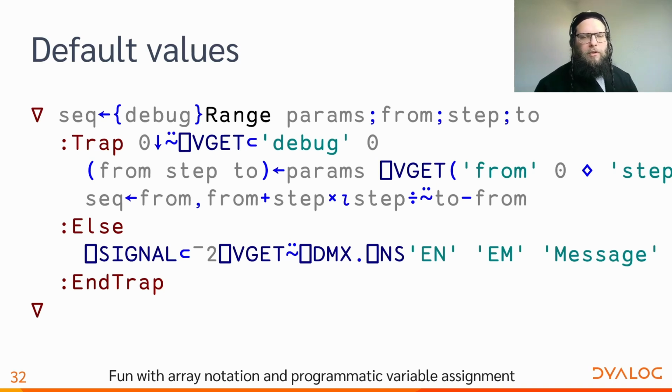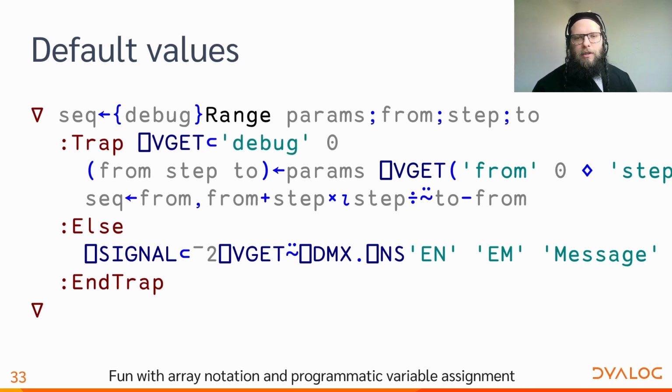In fact, we don't even need to do trap 0 and drop. We can be cleverer yet. So this is trap using the value of debug and defaulting to 0. That means if there's no left argument to range, we do trap 0 because that's the default value for debug. That's what quad VGET gets.